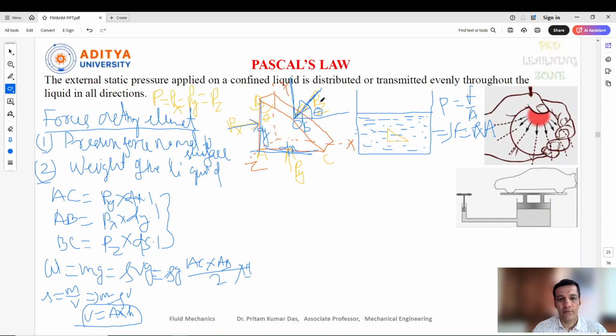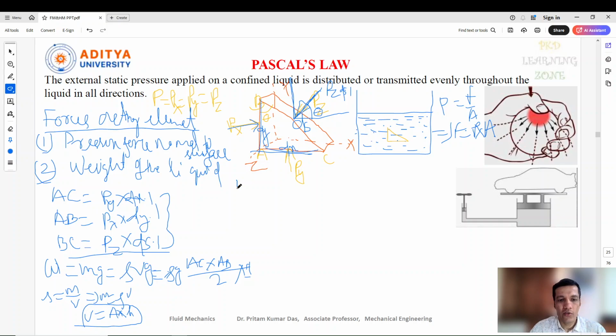The pressure force here is Pz ds 1, the force applied on this surface. This force needs to be resolved into two components, one x component and one y component. That is the concept.